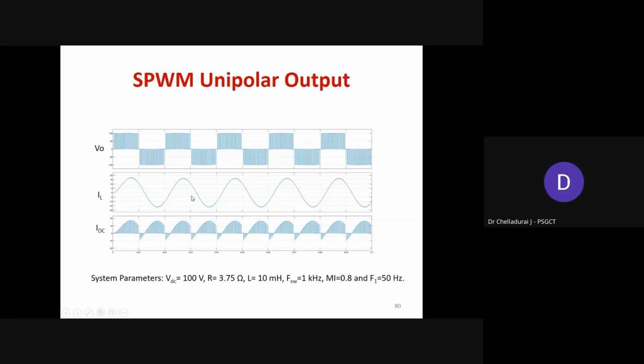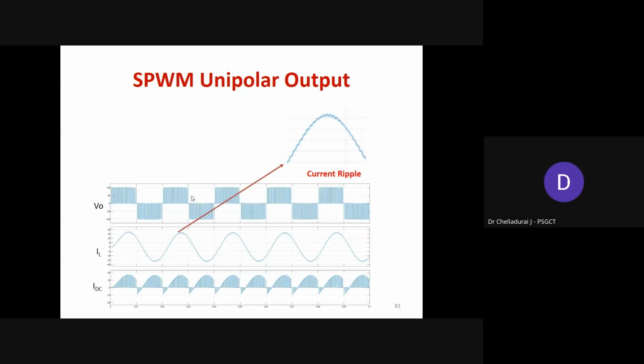So now if we compare the SPWM pulse generation with unipolar configuration, the current ripple. And another very important observation is the voltage waveshape. The voltage magnitude is changing from 0 to positive during the positive half cycle, then 0 to negative during the negative half cycle.